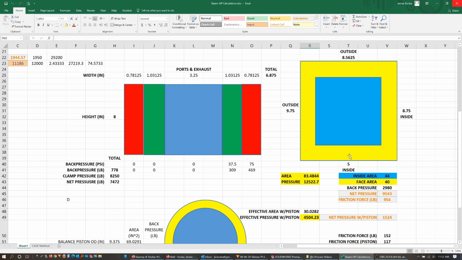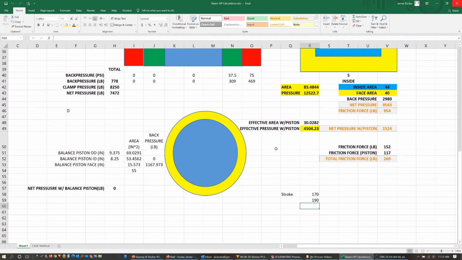And then, that's a cast iron piece, and then you're dragging this back and forth on the surface. And if you look at mu as 0.1, it takes 954 pounds to drag this slide valve back and forth. So what a balance piston does is you look at the area of the balance piston, which is 9 3/8. Then the center of the balance piston is 8 1/4. It kind of has the same effect.